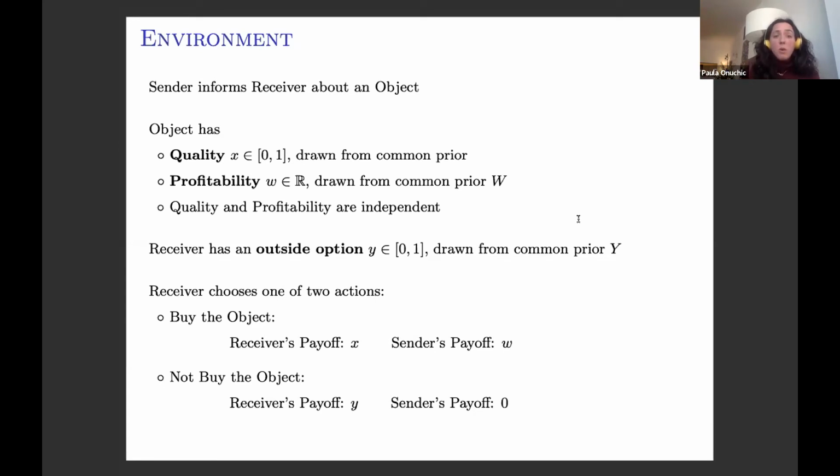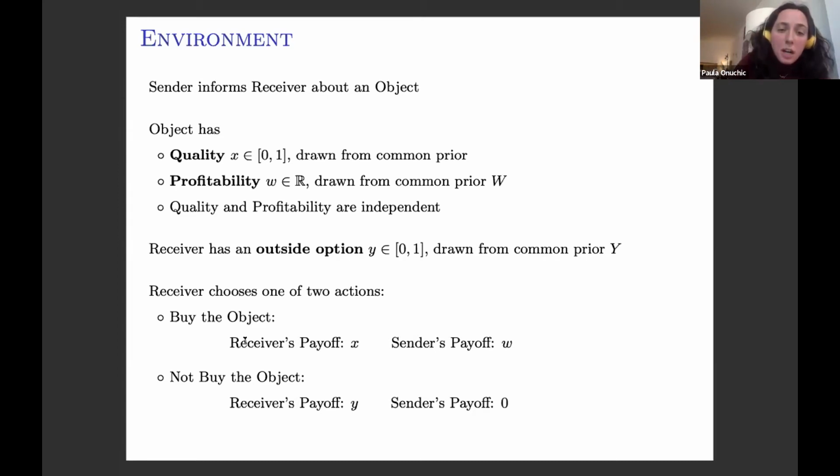Okay, so I'm telling you about buy or not buy the object, but I'm not mentioning any price. In this context of the financial advisor, many times the prices of these assets are not really negotiated between the financial advisor and the investor, but rather the price is already set by the market. So I'm taking the price to be some exogenous value that was set by the market.